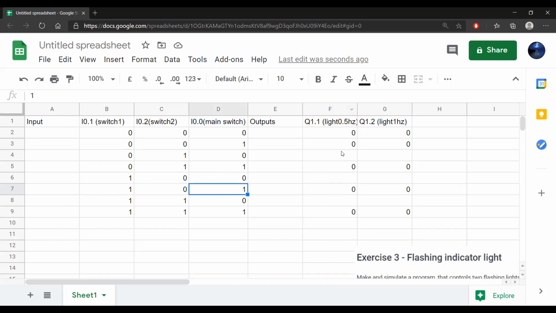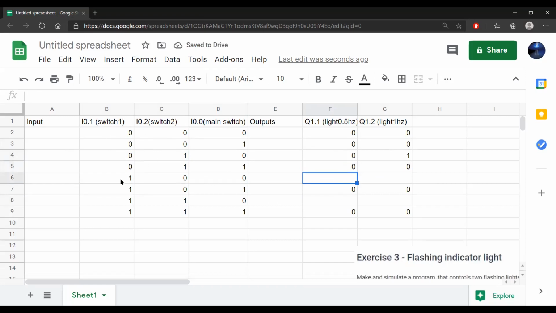All right, now we have 3 scenarios left. So this scenario is saying that switch number 1 is off and switch number 2 is on, and the main switch is off, allowing the output to actually be on. Then of course output light at 1 hertz is on because switch number 2 is on, and light 0.5 hertz is off.